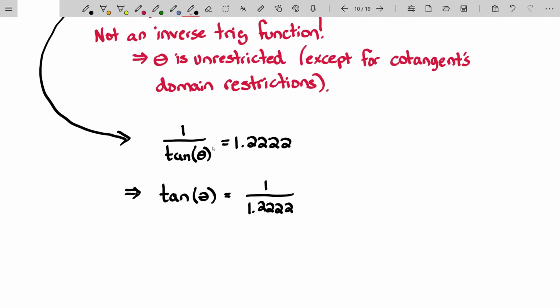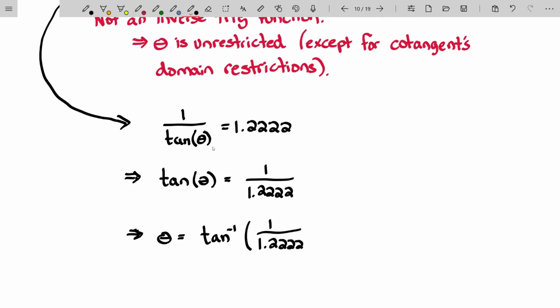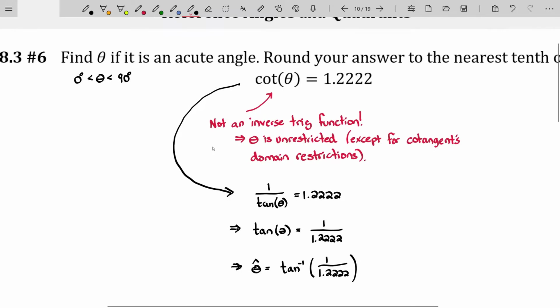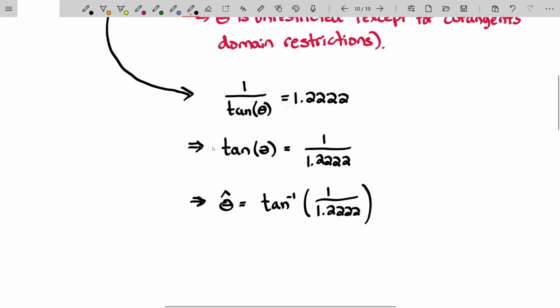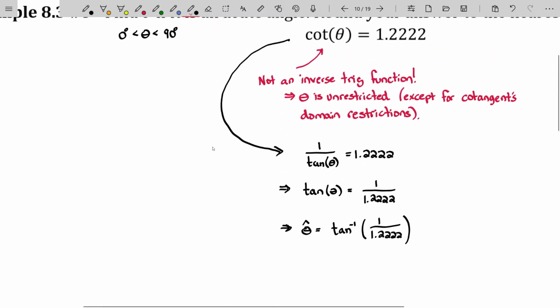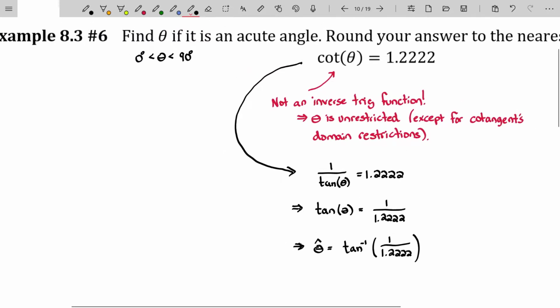And now we can say, okay, if tangent of theta is equal to that number, which is positive, by the way, then I know that theta will be the tangent inverse of 1 over 1.2222. Technically, it's theta hat. And then I will reference back to what they told me in the beginning. Oh, they want my angle between 0 and 90 degrees. So remember, our reference angle is going to be between 0 and 90 degrees. Our reference angle is actually going to equal our actual angle in the end.